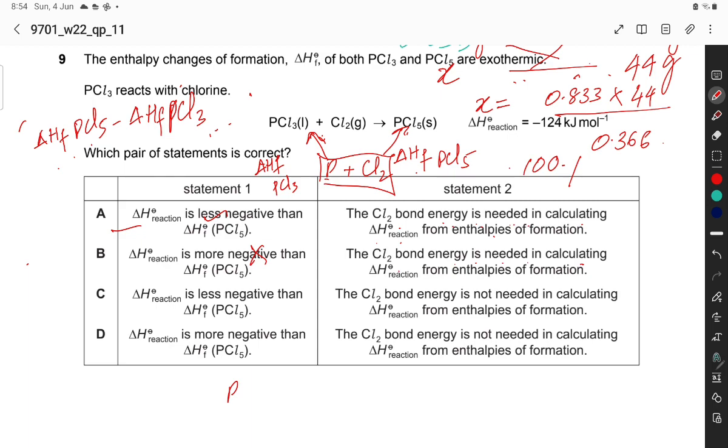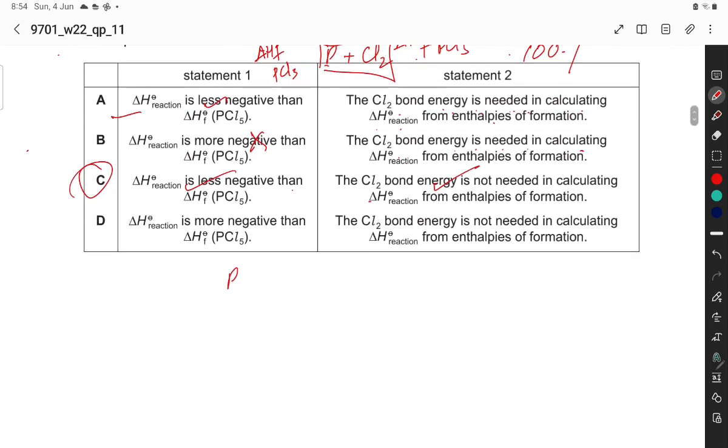Enthalpy change of combustion is needed to calculate the enthalpy change of formation. So delta H reaction is less negative, then this is correct, and the Cl2 bond energy is not needed in calculating delta H reaction from enthalpies of formation. So this is also correct. So C option is correct.